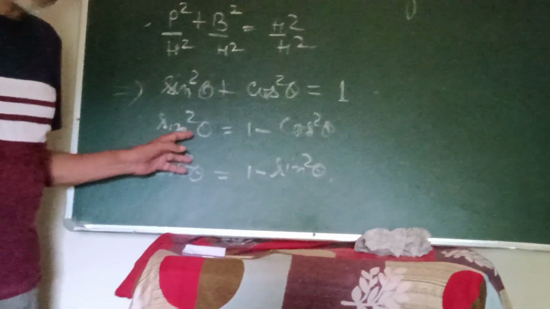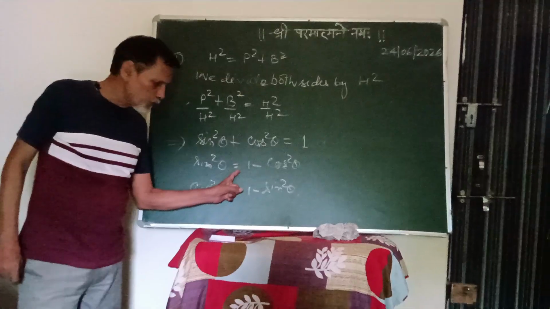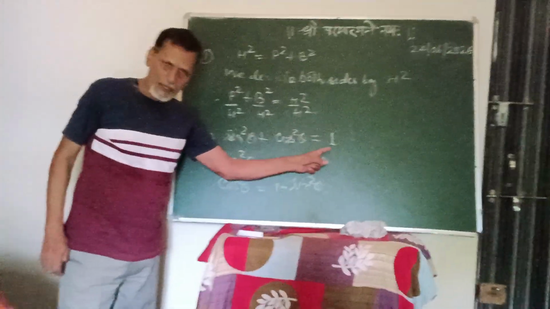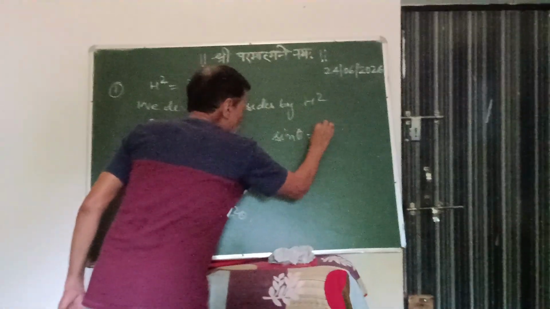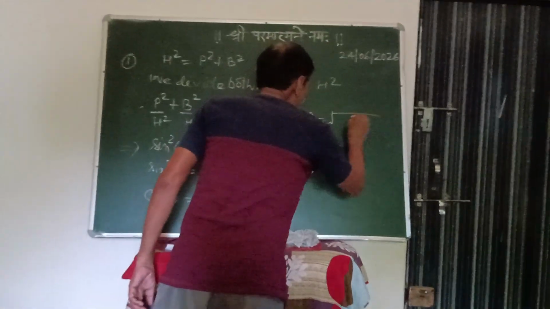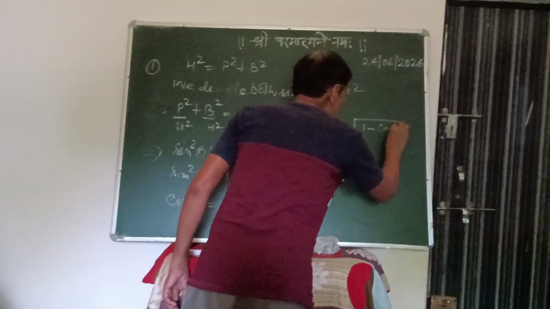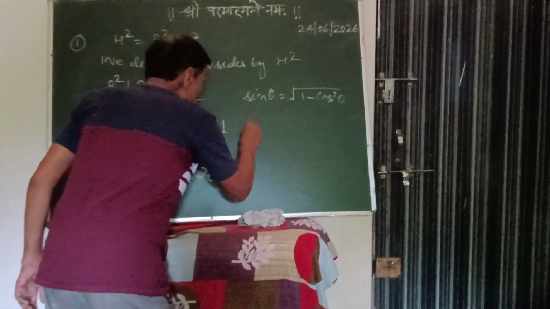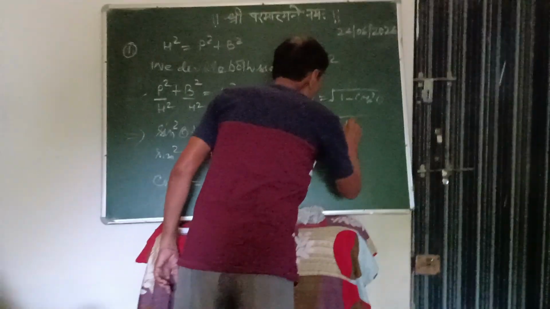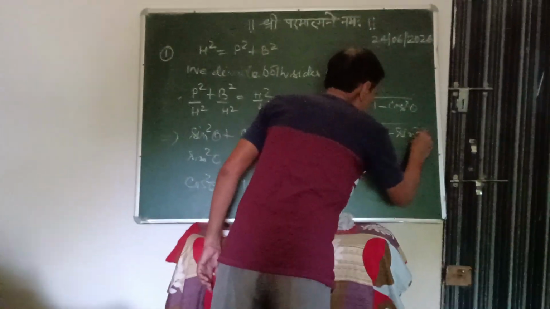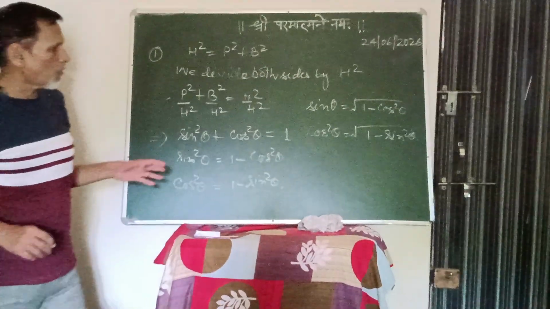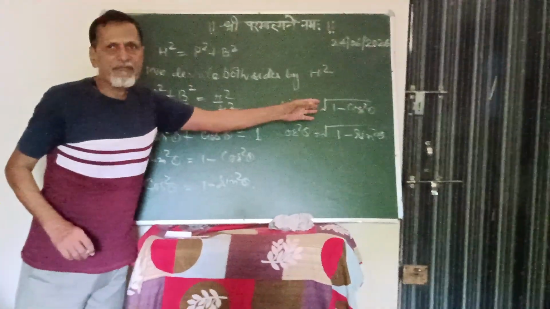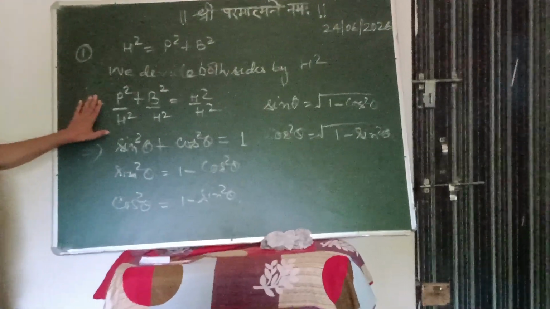Suppose if we find out the value of sine theta, then sine theta is equal to under root 1 minus cos square theta, or cos theta is equal to under root 1 minus sine square theta. These will be applicable to find out the value of any one in different forms. This is the first formula.